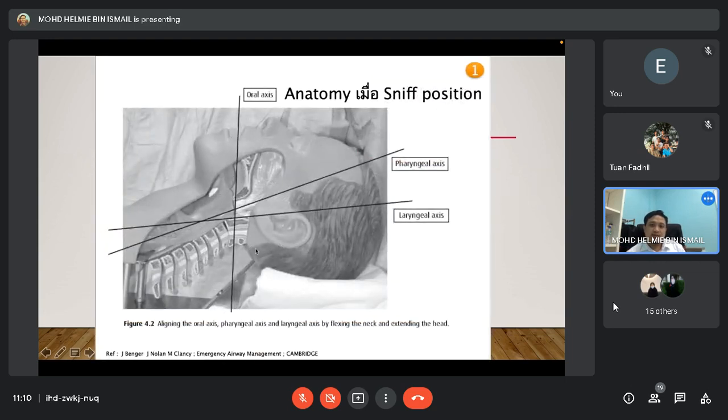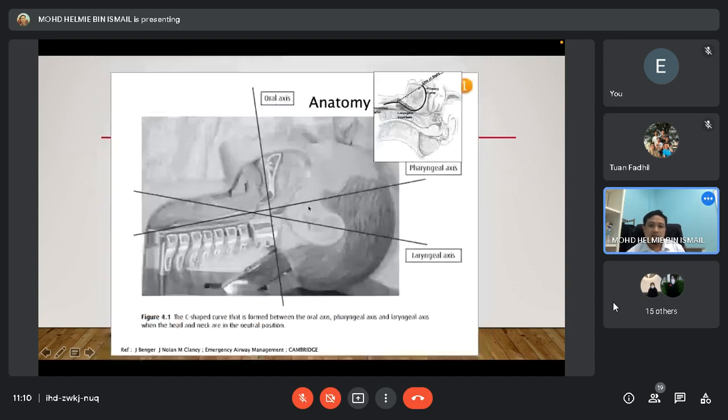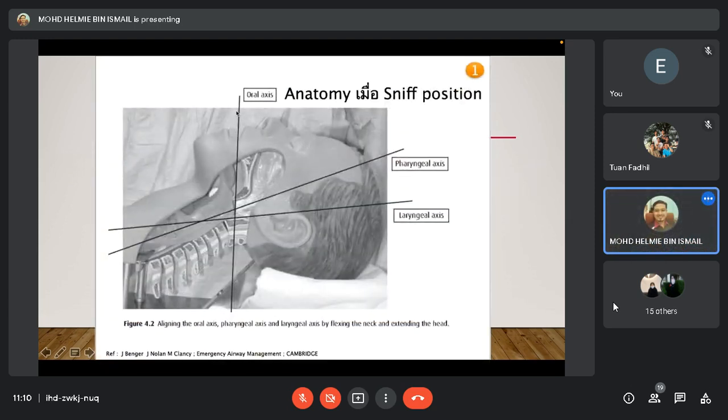What you need to do adalah you need to try to straighten the primary curve and also the secondary curve, in order to facilitate intubation.